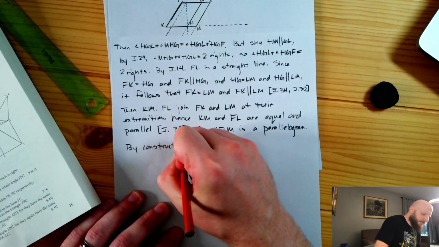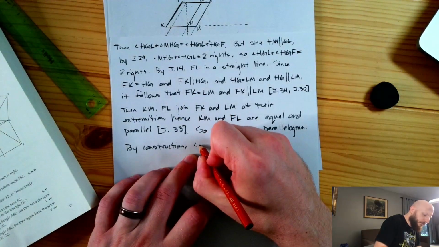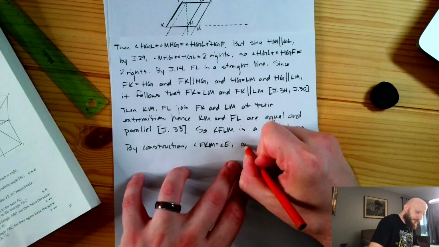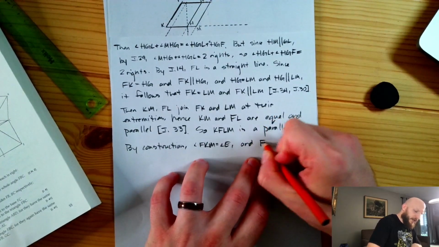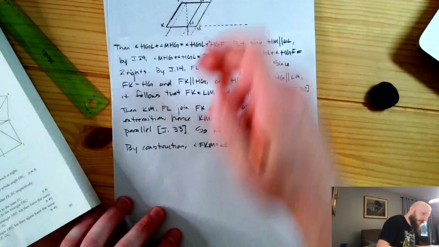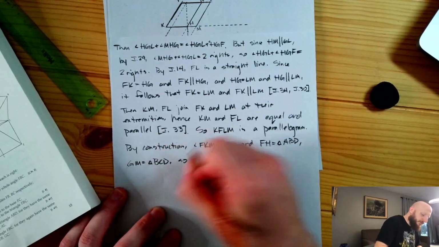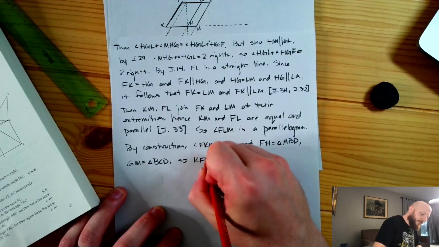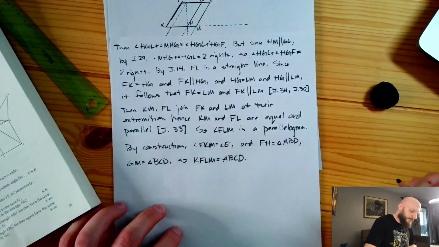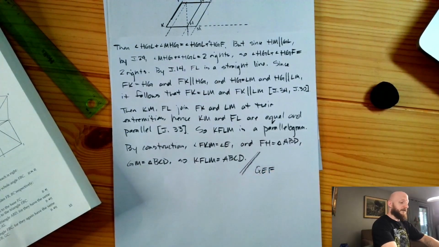By construction, angle FKM equals angle E, and FH equals triangle ABD, GM equals triangle BCD, so that KFLM equals ABCD. We did it. QEF. So yeah, there it is.